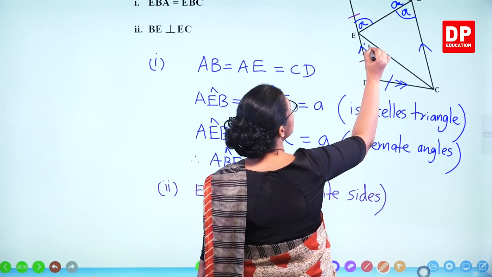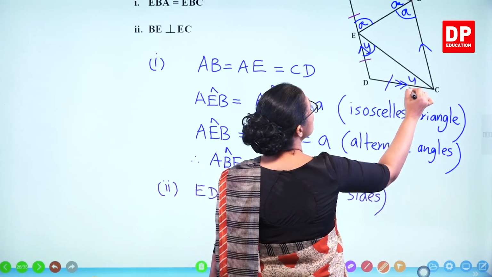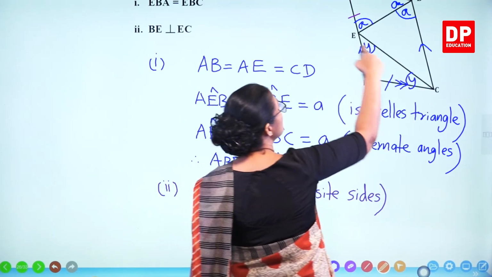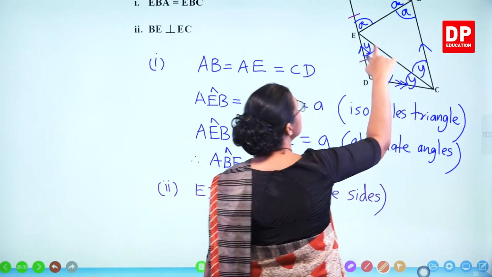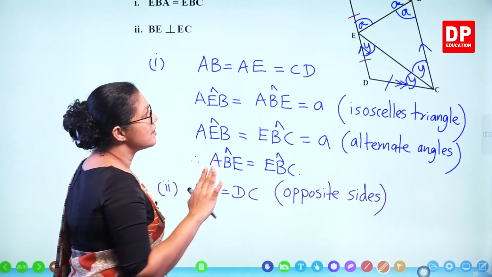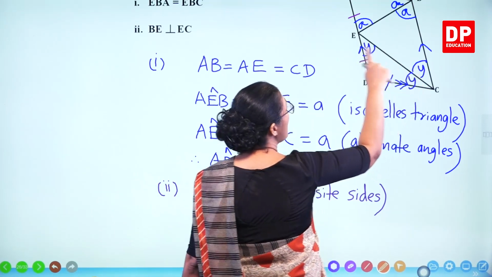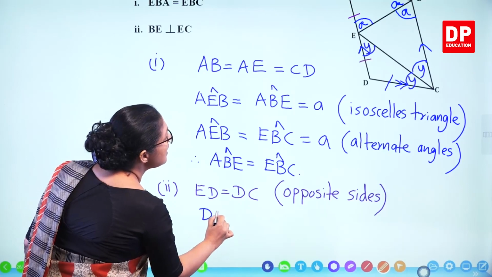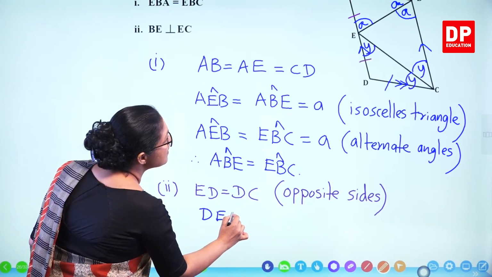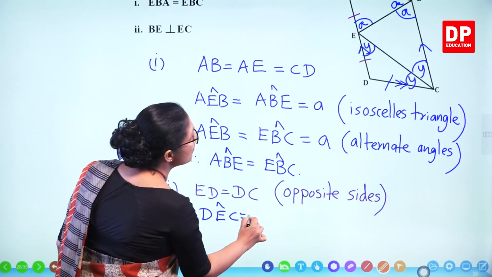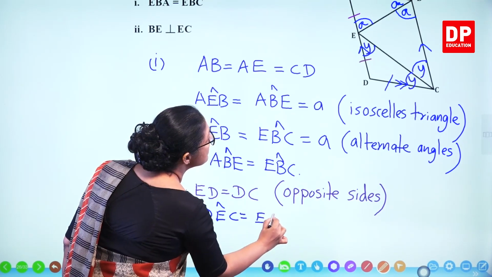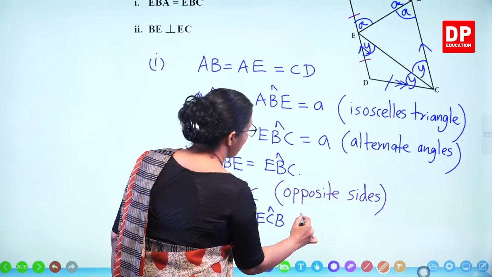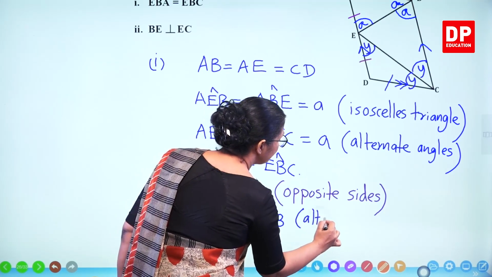Then if this angle is y, this is also y. And also this is y. See, similar to the other side of the triangle. This is y because alternate angles. So we'll write down DEC angle is equal to ECB angle, alternate angles.